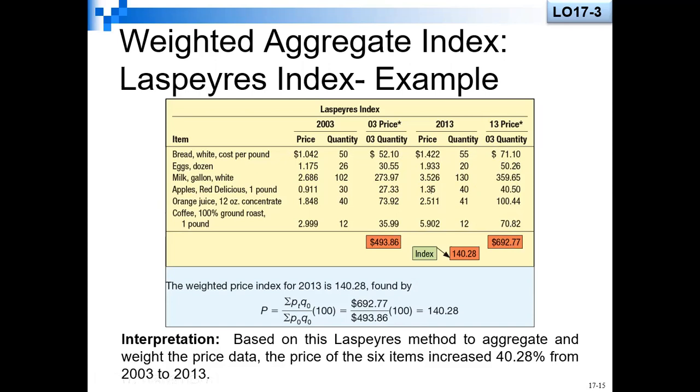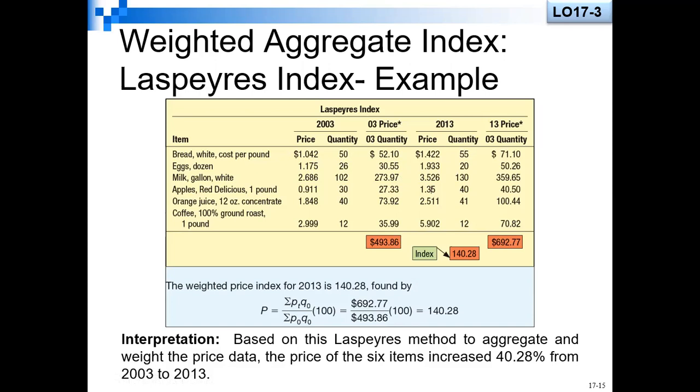692.77. Okay. So if you were to consume your last year's quantities at today's prices, this is what you get: a sum of 692.77. And then you take 1.042 multiplied by 50, and you're going to get 52.1. Am I correct? Multiply 50 by 1.042.